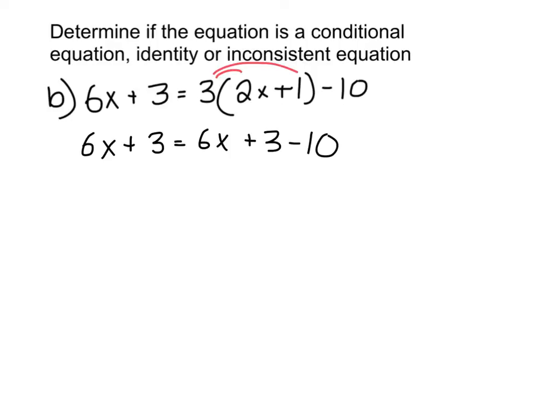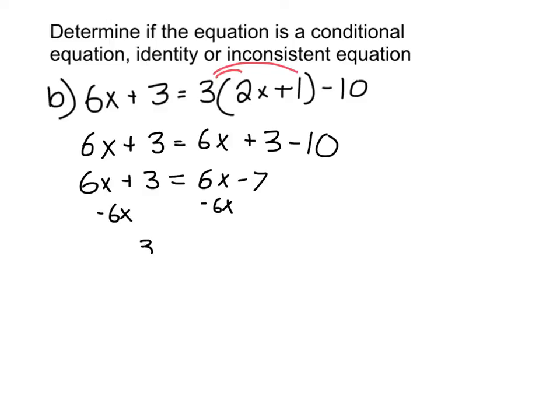Now let's combine like terms. There are no like terms on the left side, and on the right, 3 minus 10 is negative 7. Now I can subtract 6x from both sides.